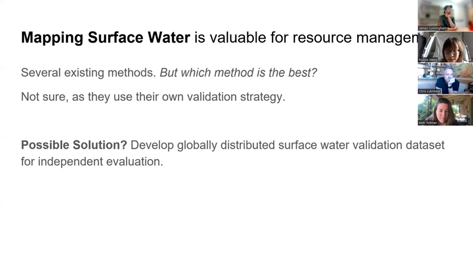So that's the reason why we decided to make our own hand-labeled surface water dataset for people to make an independent evaluation for their own method, or for people to train their new water detection method.